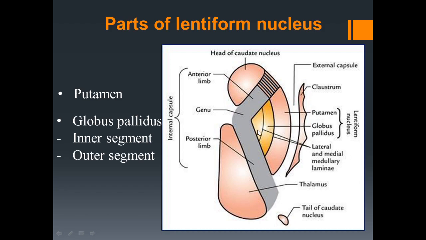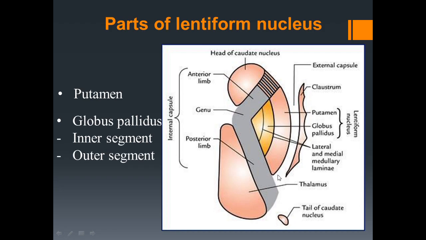Now this globus pallidus is further divided into two parts, the outer segment and inner segment. So this is the outer segment and inner segment, and these two segments are separated from each other by internal medullary lamina. So this is the internal medullary lamina. So lentiform nucleus has basically two parts.